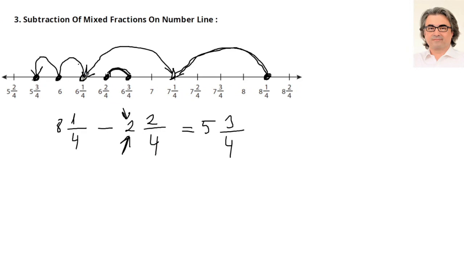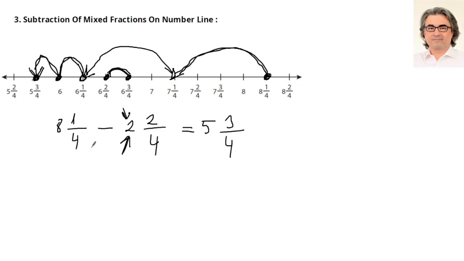From my last position, the point 6 and 1 over 4, I should go 2 units like this, 1, 2, and finally I reached this point. The result is 5 and 3 over 4. Now this is the meaning of the subtraction operation on the number line for mixed fractions.